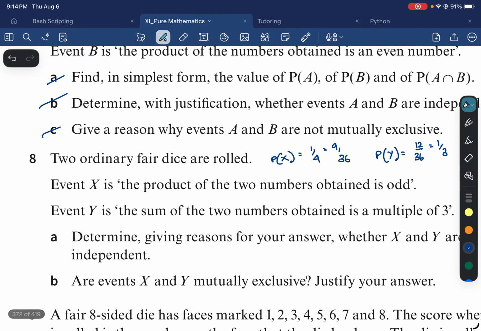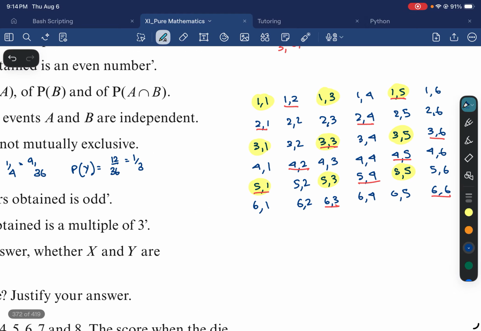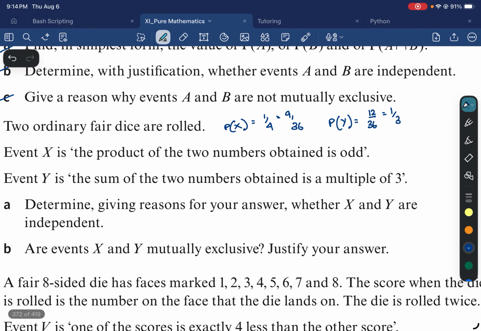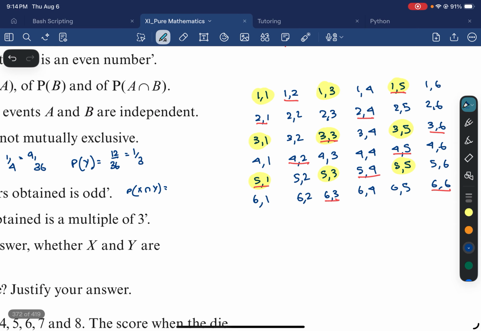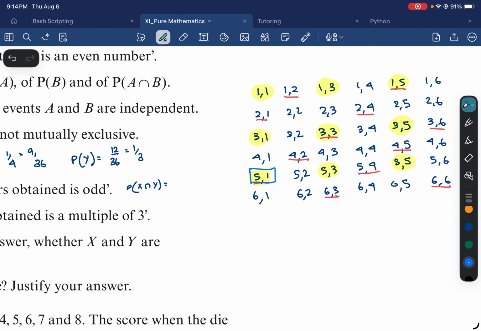And if they are independent, so let's look for what is P(X intersect Y). Basically, it's going to be everything in yellow highlighted plus, so that satisfy both, right? So yellow highlighted plus I have a line underneath. Is there anything else? No, only 3 numbers. So this gives me 3 out of 36.